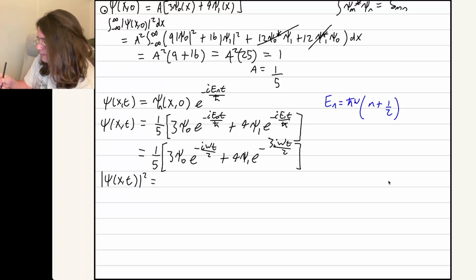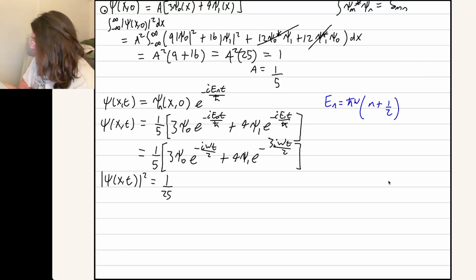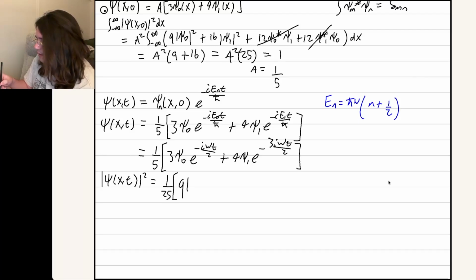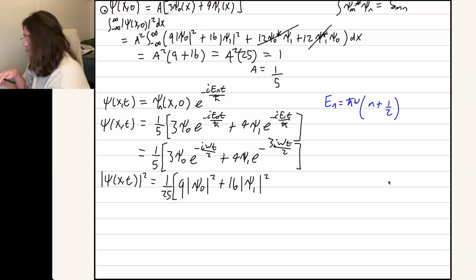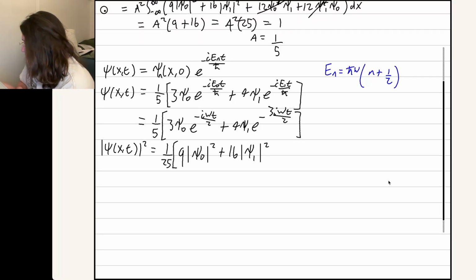So the 1/5 outside will get squared and go to 1/25. You'll have the terms proportional to 9 times the square modulus of psi 0 plus 16 times the square modulus of psi 1. But then we have those cross terms again. And now that it's time dependent, it's going to get a little weird.